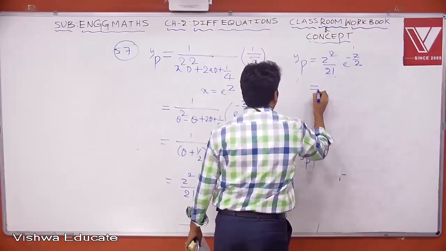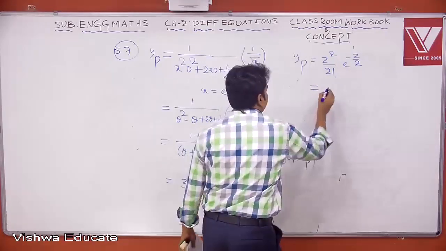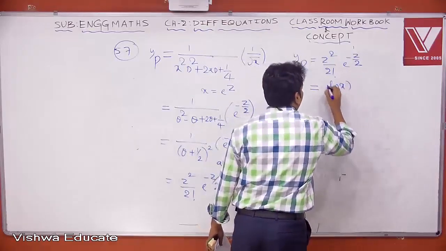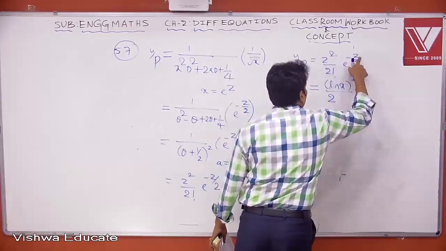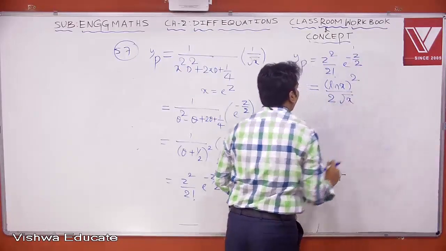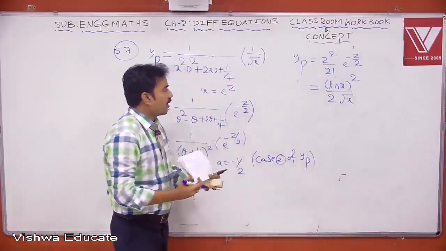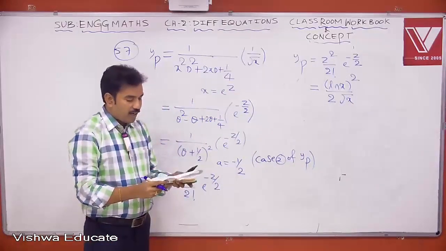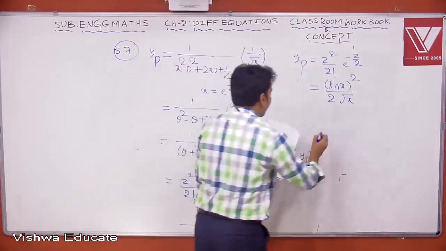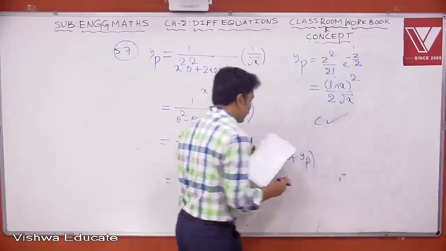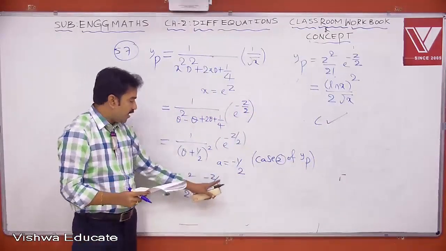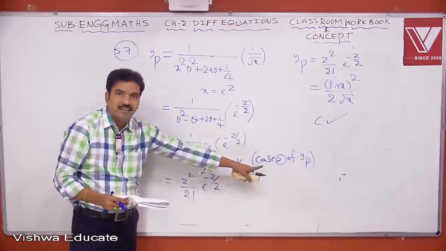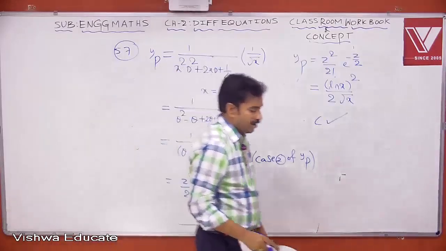But what is z? z equals log x. So this is (log x)²/2 into, but e^(−z/2) is 1/√x. Therefore, the answer is (log x)² divided by 2√x. So this is option C. C is the right answer. We have applied case 2 of the particular integral. Note these points.